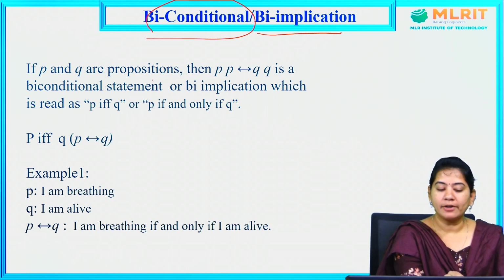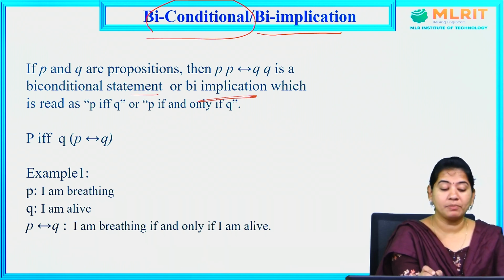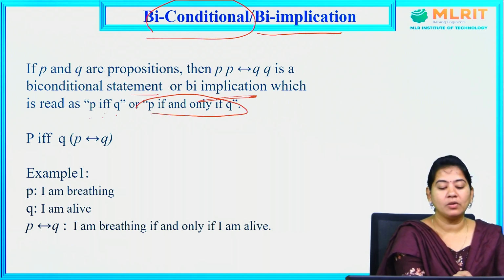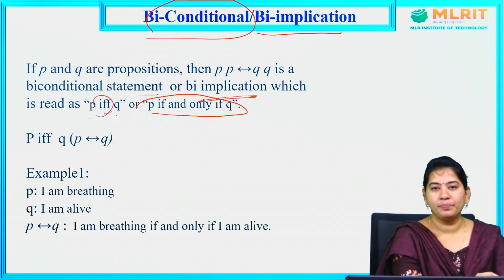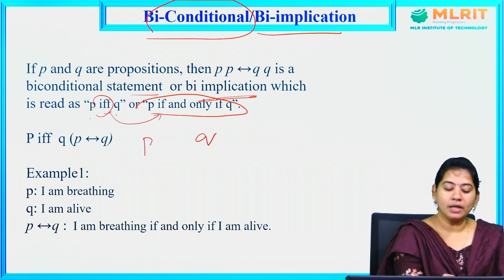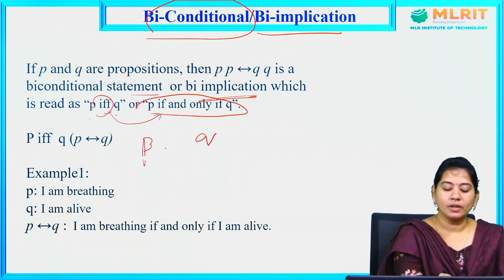If P and Q are two propositions, then P bi-implies Q is a biconditional or bi-implication statement, which is read as P if and only if Q. Symbolically, we represent the bi-implication with one line and arrows on both sides, whereas implication is one line with an arrow on one side.